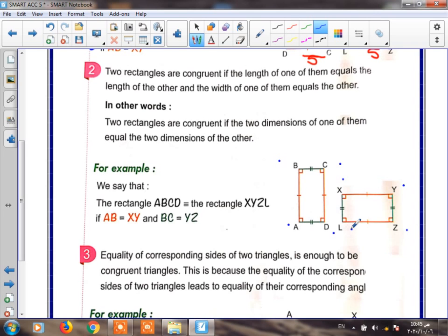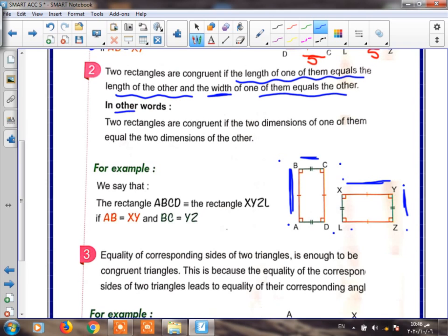If BC, the width of the first rectangle, and the length AB of the first one, equal the length XY and the width YZ of the second one, then the two rectangles are congruent. The length of one of them equals the length of the other, and the width of one equals the width of the other.